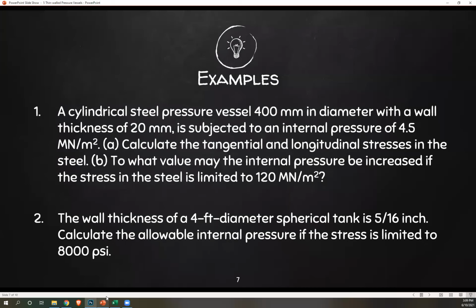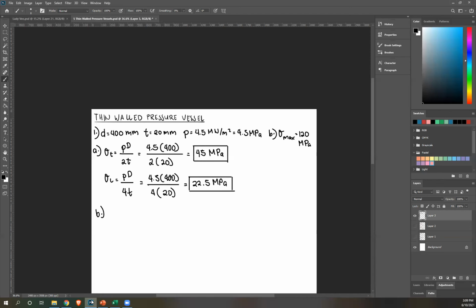Now for part B, it's different. To what value may the internal pressure be increased with your limit for the stress? So now the question is, what can be the maximum pressure our vessel can experience, considering this is the maximum stress? Now for this, we're looking for maximum force. So you need to check which would yield the lesser force between your situations.